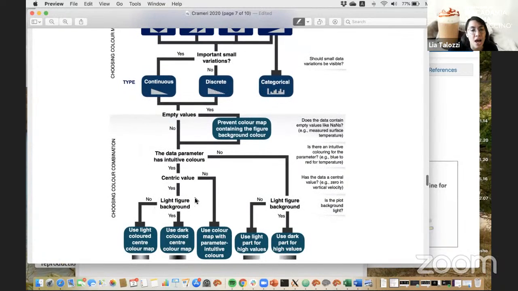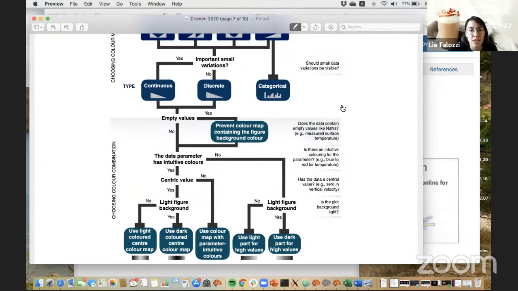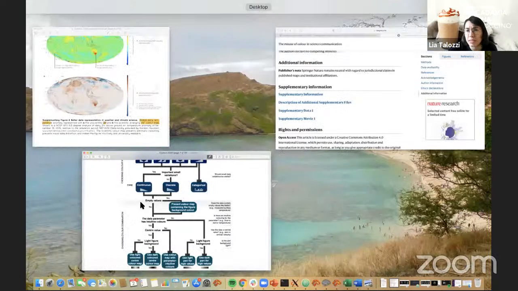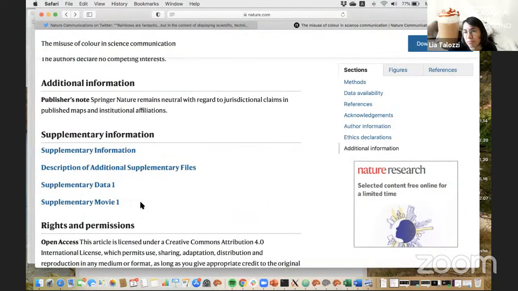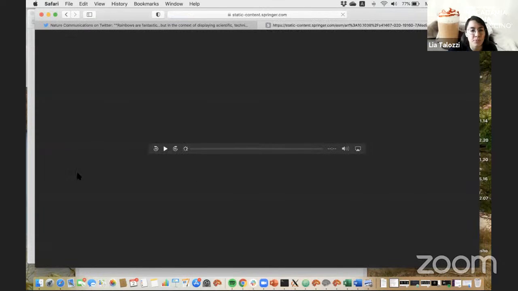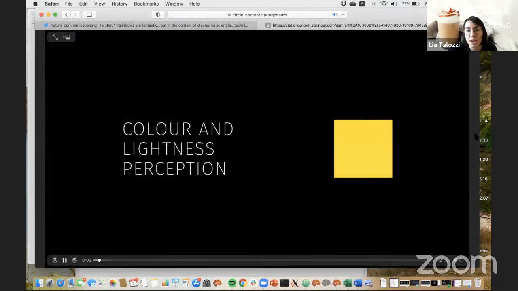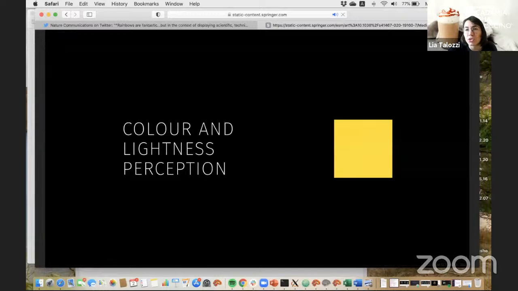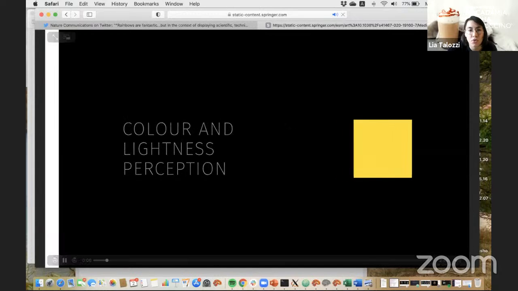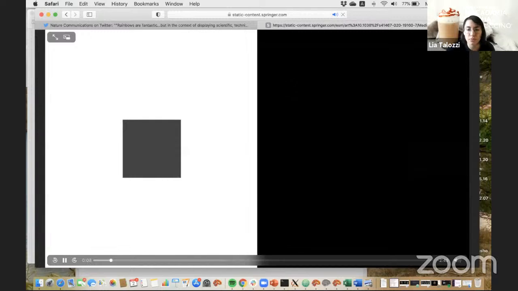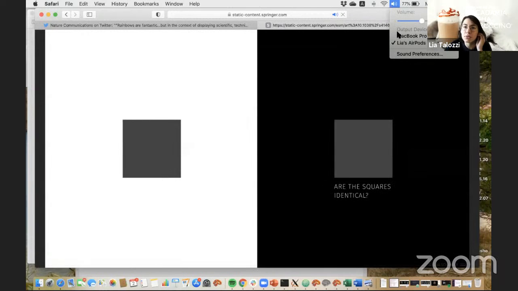And another thing that they stress is the background, so the importance of the background. They also have a video. I don't know, can we see? It's a short one-minute video that they use to represent how background can change your perception of colors.